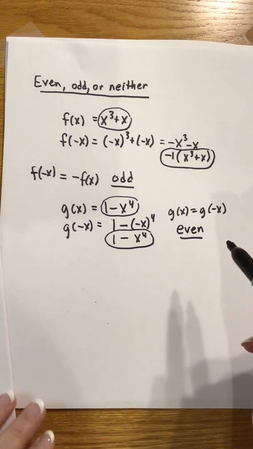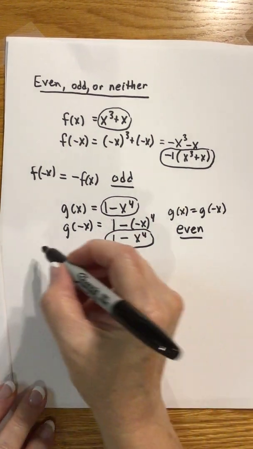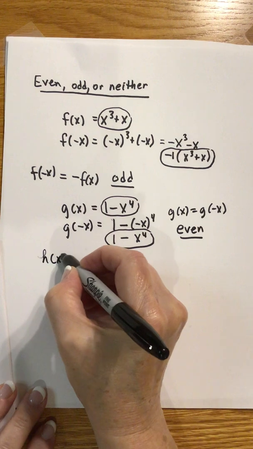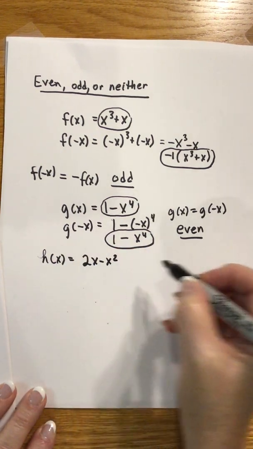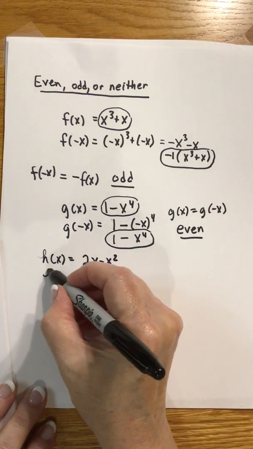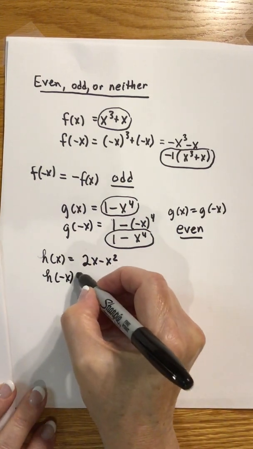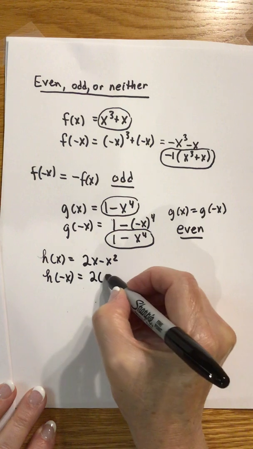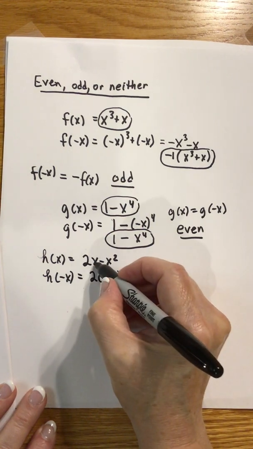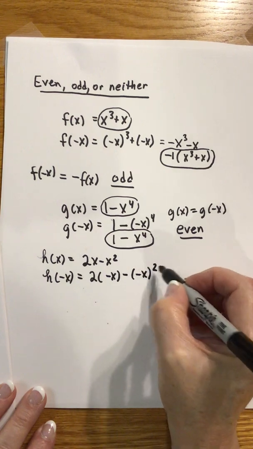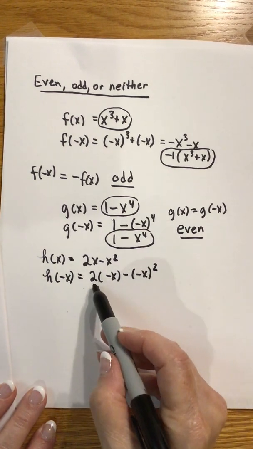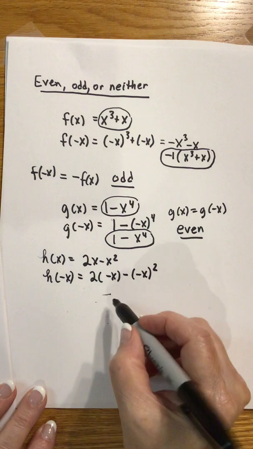Now, we said even, odd, or neither, so obviously we need to try a neither one. So we have h of x equals 2x minus x squared. How do I know that that's going to be neither? Well, we plug in h of negative x again. 2 times negative x, because we're putting negative in for x, minus negative x squared. Negative times positive gives me negative 2x.